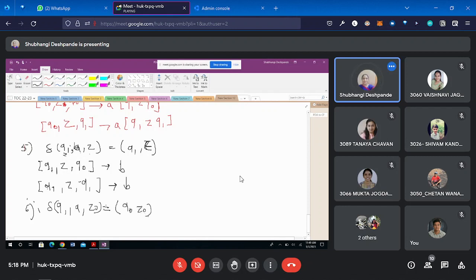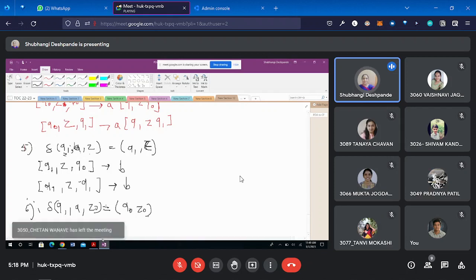So this is again obtained from rule 3, because here we did not push A, nor did we read A from the stack. Sorry, this is by rule 3 because we are just reading A here. So this will be written like this.